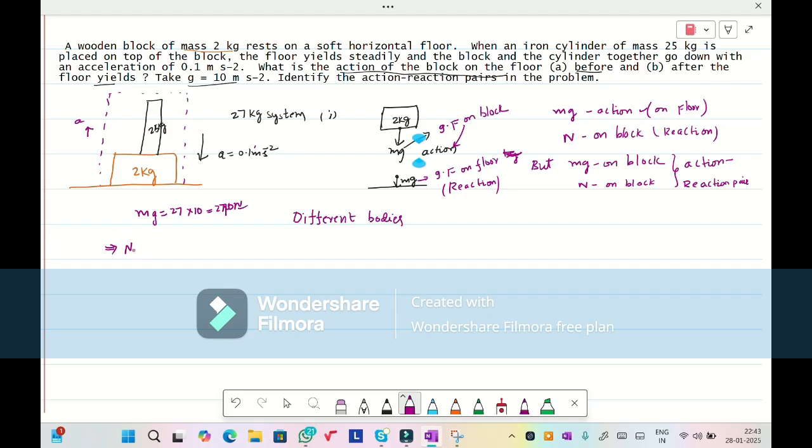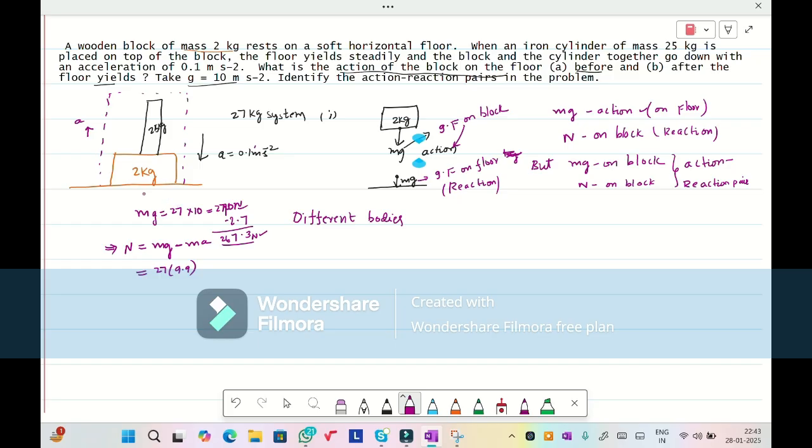Therefore, N is equal to mg minus ma, that is, 27 into 9.9. So from 270, if you remove 2.7, we will get the answer. That equals 267.3 newtons, which is the reaction force.